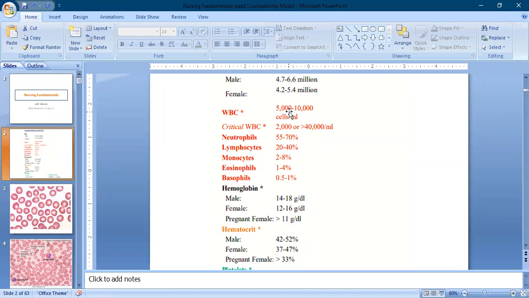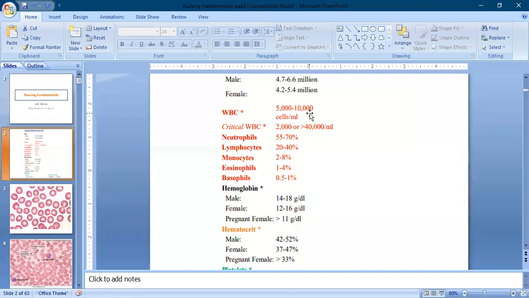I want to recap it, my friend. I said that WBC, the other name is white blood cell. The normal range is 5 to 10,000. So if the WBC is more than 10,000, it indicates you have an infection in the body.